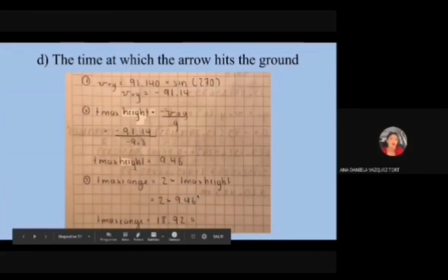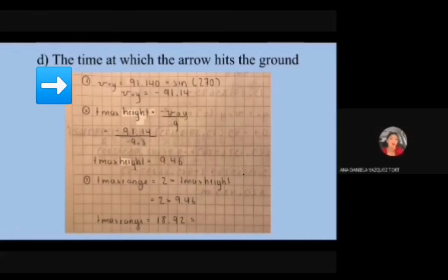So we can see here the 3 steps we make. First of all, we need to get the velocity in y, then the t max height, and then the t max range. For initial velocity in y, we get 91.140 times the sine of 270, and the result is minus 91.14. Then, to get the t max height, we divide that result by minus 9.8, which is gravity.